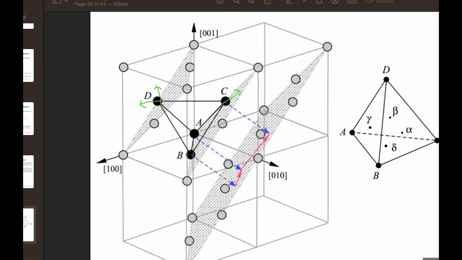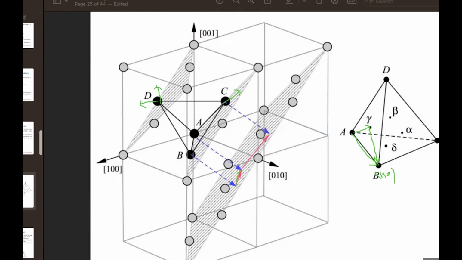For example, here we have splitting 2-1-1. For example, here we have splitting. This is Shockley partial, another Shockley partial, which gives you the full 1-1-0. Sorry, 1-1-0, not 1-1-1. This is 1-1-0. Perfect dislocation.